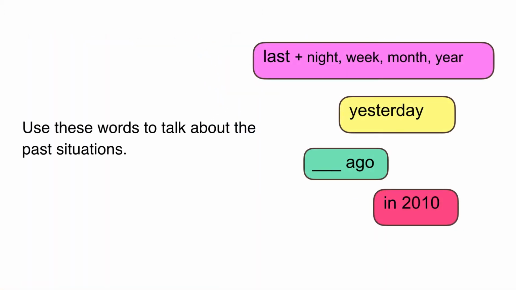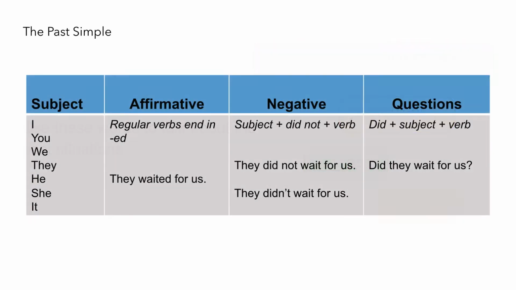Use these words when you talk about past situations. Remember, there are many irregular verbs in the past simple, so be sure to study those irregular forms. But for all regular verbs in the past simple, we simply add an ed to the end of the verb.